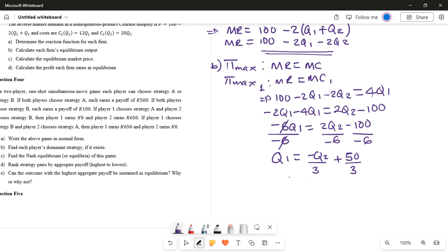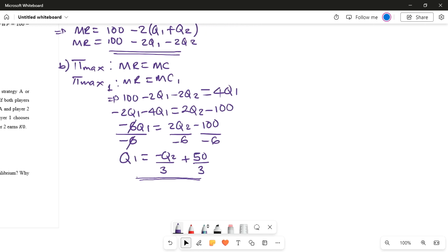So this is the function that is describing the output produced at facility number 1. Next, we should also do the same for facility number 2. We also know that profit is maximized at a point where marginal revenue is equal to marginal cost of firm number 2.